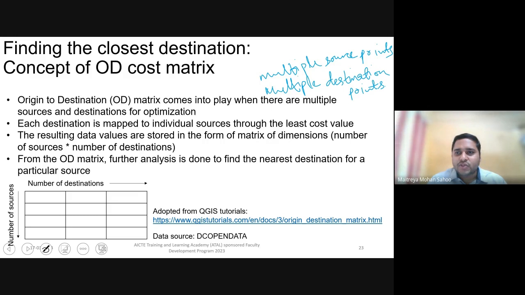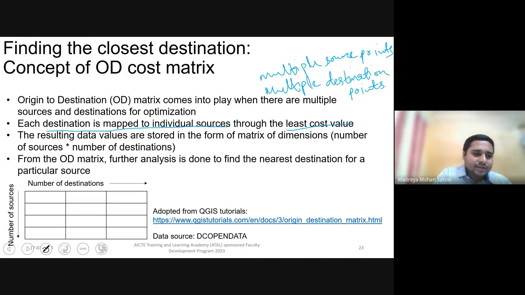But when it comes to multiple source points and multiple destination points, we come to the concept of the origin to destination cost matrix. Each destination is mapped to the individual sources through the least cost value, and the resulting data are stored in the form of a matrix. The matrix has the dimension of number of sources by the number of destinations.